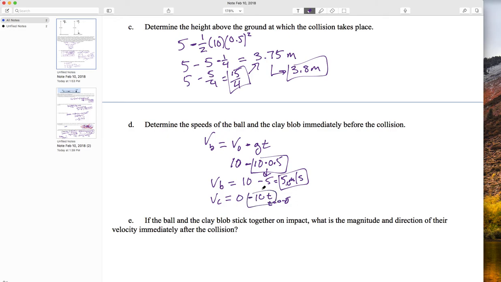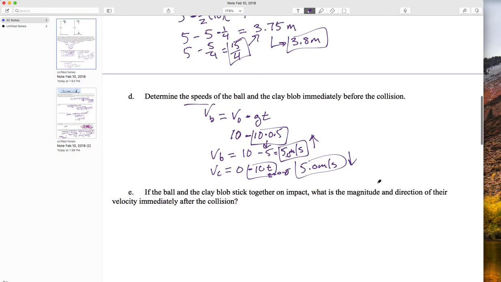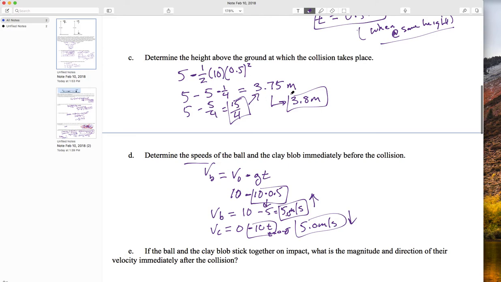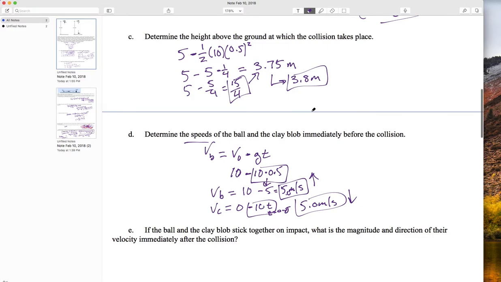So this part of the expression is the same, and it's just going to be pointing downward. They're both going the same speed, just one is pointing up and one is pointing down. And we care about the speed, so they are just the same speed. And if you used 9.8, you'd find that this value is 4.9 instead. Notice also above here, you could have plugged into the other equation and found the height the same way. You just would have had to do a little more calculation.